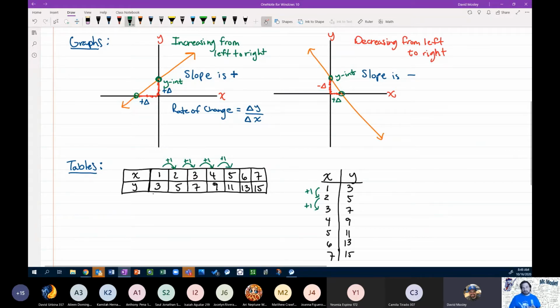A rate of change always has to be for 1 unit of change in x. What's the change in y? That's what we're ultimately finding. We already have just a single change in x. I'm changing +2 in y.